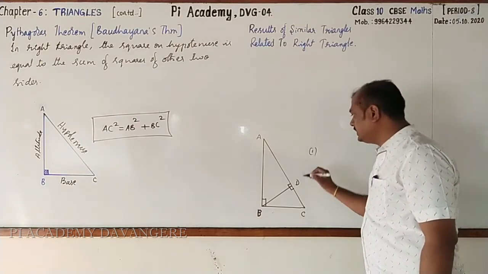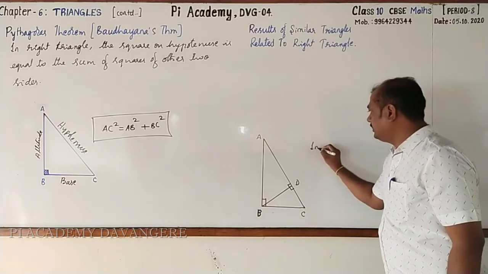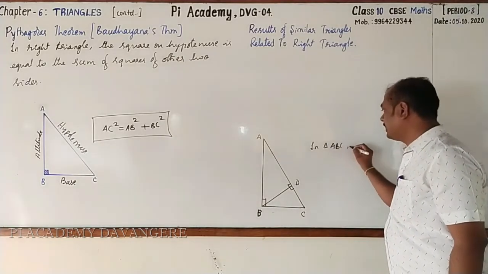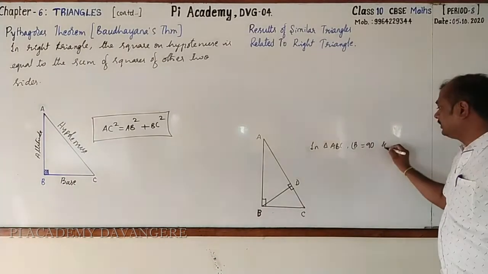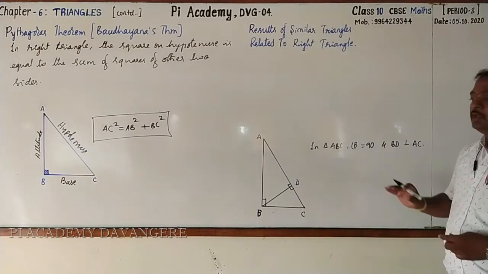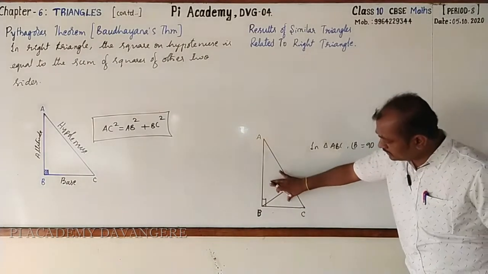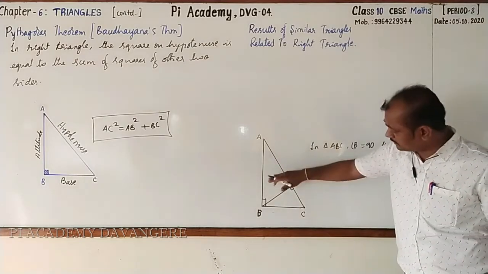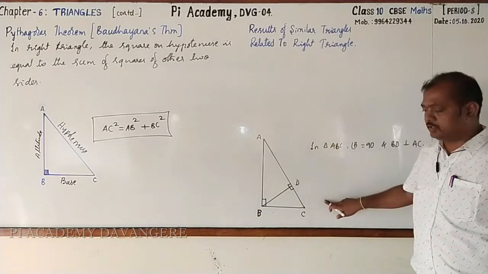The first one is, see, in triangle ABC, angle B is 90 degree and BD is perpendicular to AC. If this condition is there, then the triangles that are formed on either sides of the perpendicular are similar to the whole triangle.